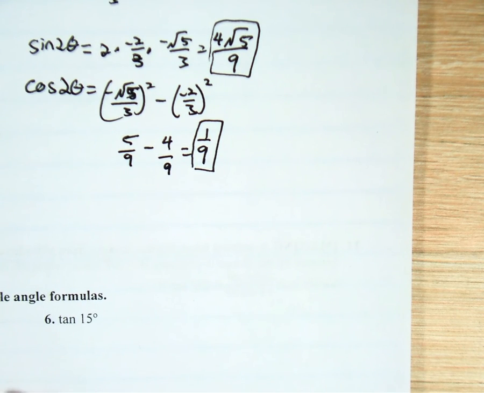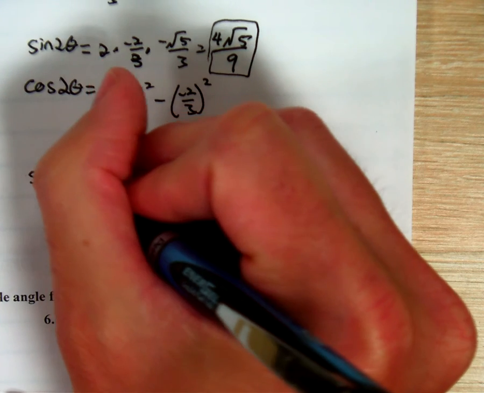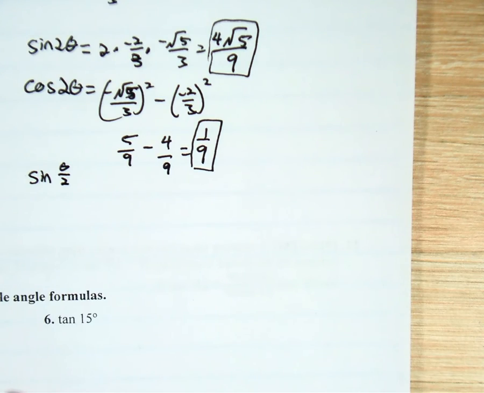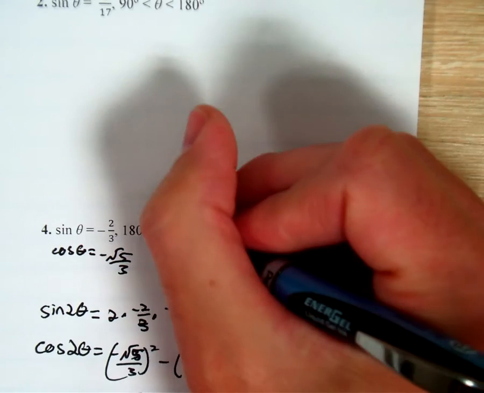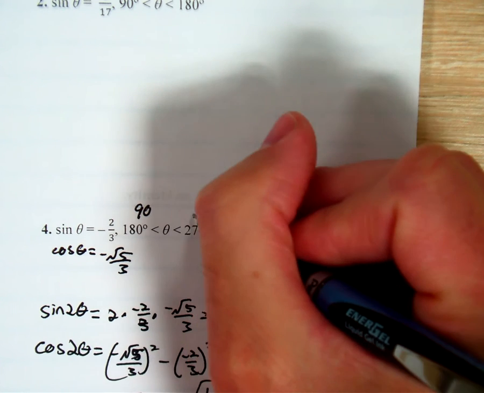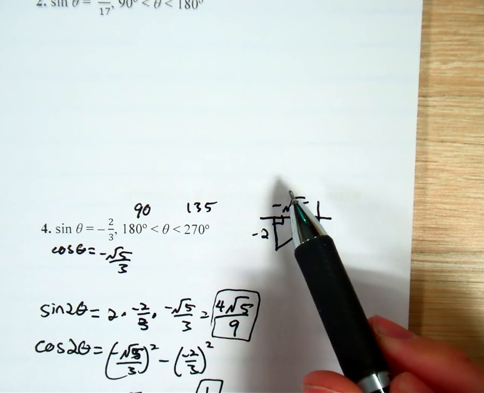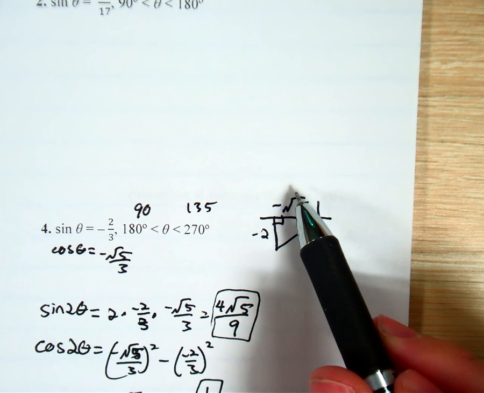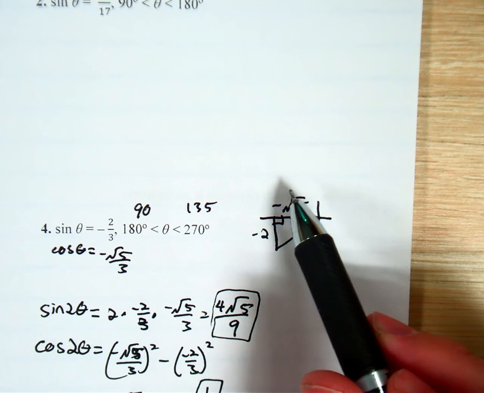Okay, half angle. Let's see if I can squeeze this in. Half angle for sine. Okay, if I cut these in half, that's going to put me at 90 to 135. That would put me in quadrant 2 now. Okay, and in quadrant 2, sine would be positive, but my cosine half angle would be negative.